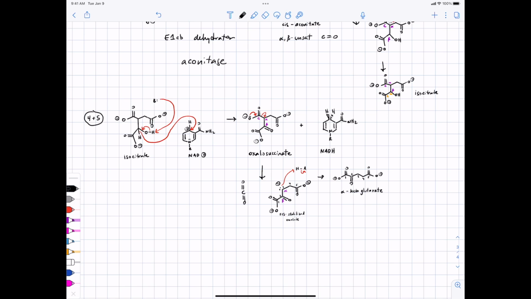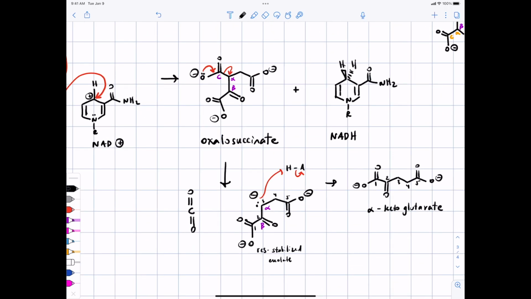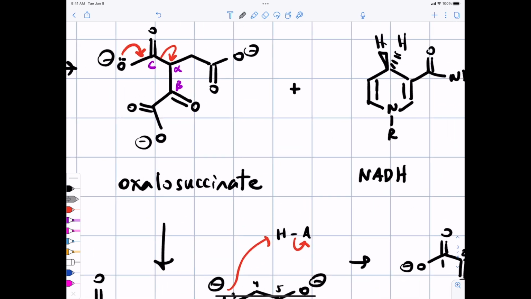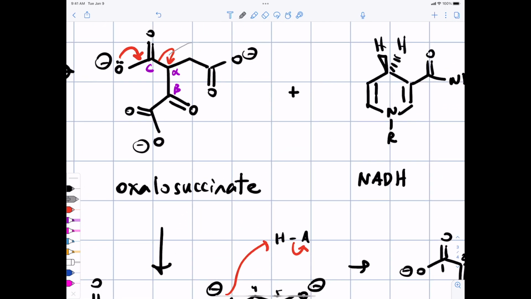So what causes the CO2 to leave? Is it just a really good resonance? It's not about CO2 being the leaving group, it's about the fact that all of this is now a decent leaving group because it can leave as something that's neutral, or rather, something that's resonance stabilized.